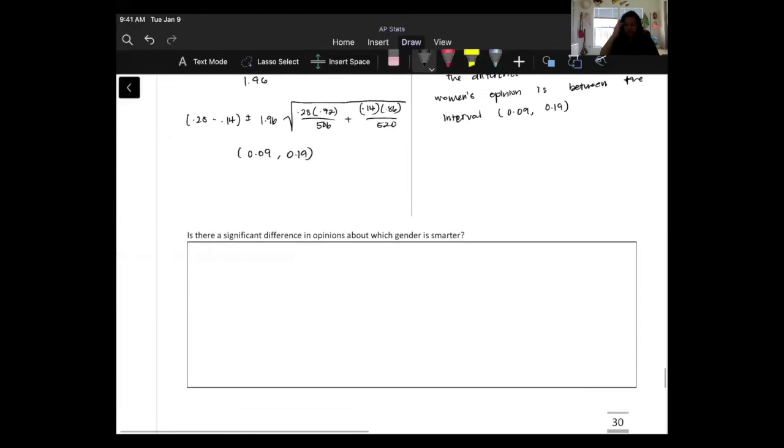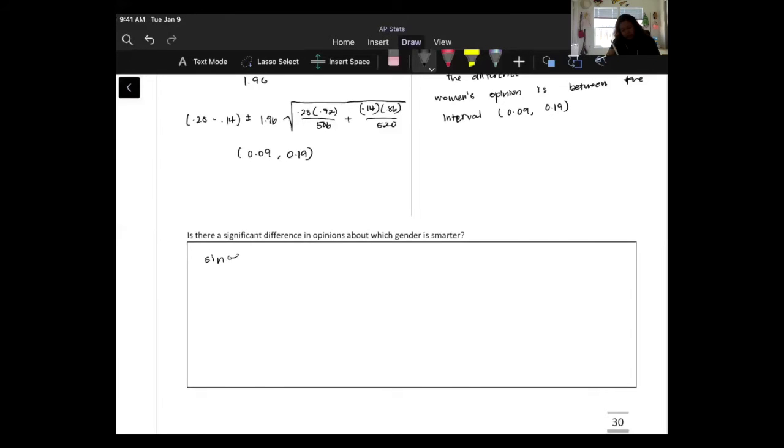Is there significant difference in opinions about which gender is smarter? Well, let's look at our interval. One, our interval does not contain 0, so that means that we do have evidence for differences. And second, all these numbers are positive.